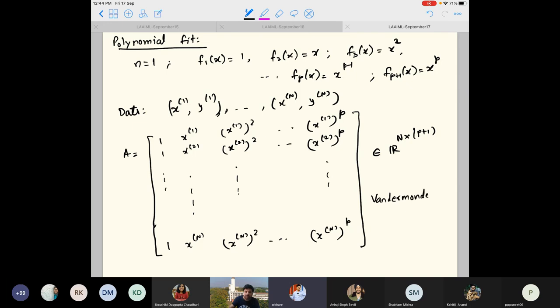Okay, so there is a special name, Vandermonde matrix. And you have the vector y, obviously constructed from y's. Then you can estimate the parameters alpha 1, alpha 2 up to alpha p plus 1, and this is what we need.